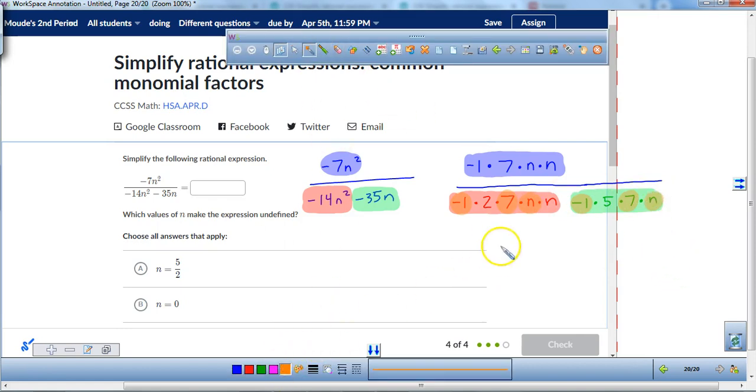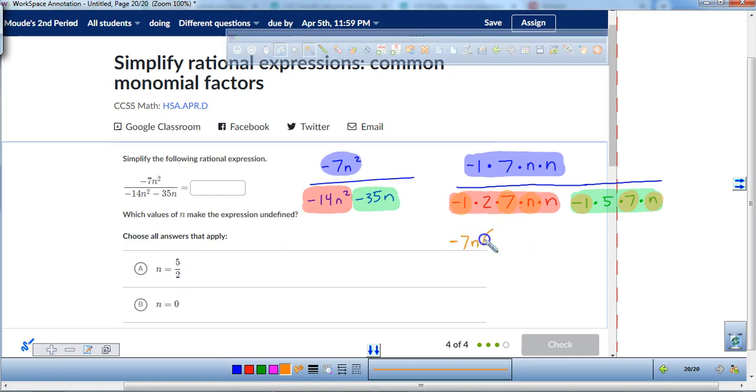That allows us to factor out a negative 1, a 7, and an n out of the expression. When I do that, all I'm left with is a 2 and an n, and out of this term, all I'm left with is a positive 5.